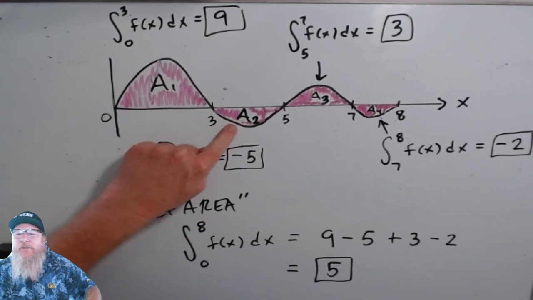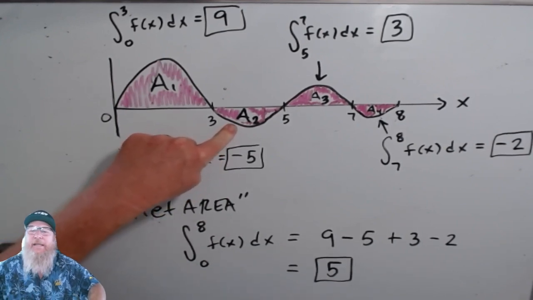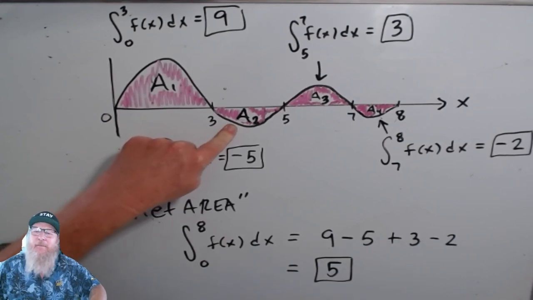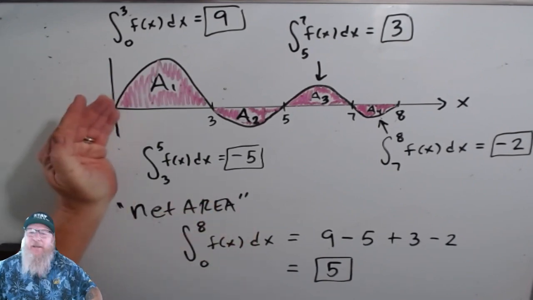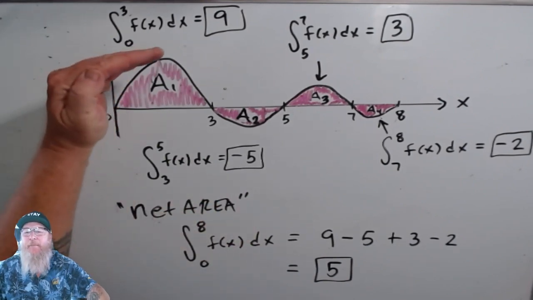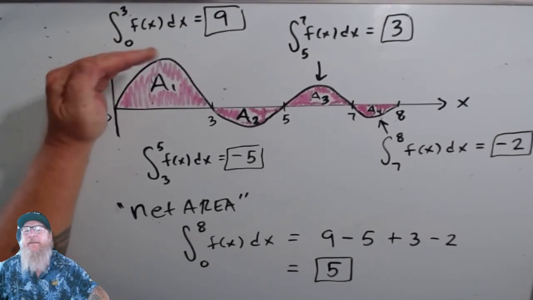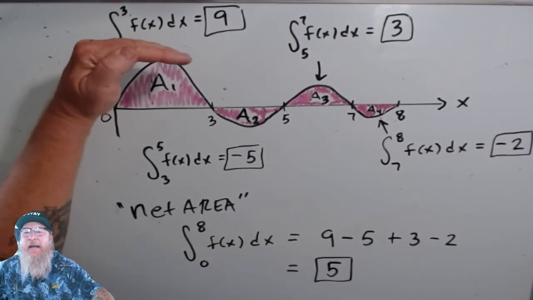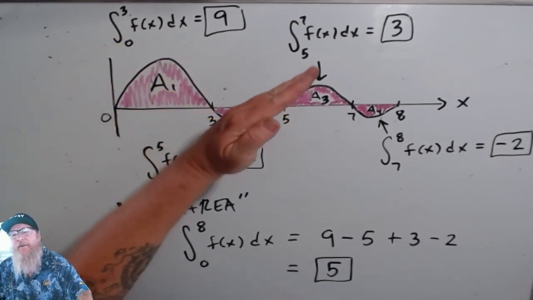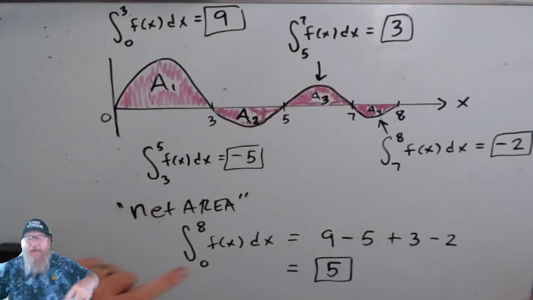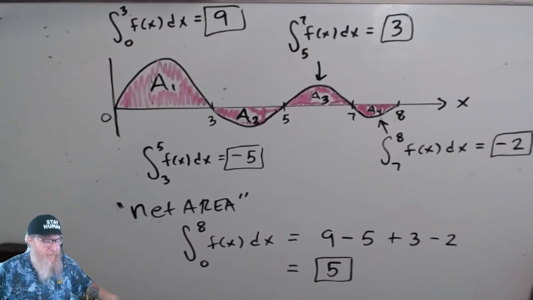The negatives you can think of as taxes or deductions or withholdings. Or you can also think of this as debits and credits. In your bank account, a credit is deposited into your account, and then a debit is deducted from your account, and then another credit, and then another debit, and altogether you have your net amount.